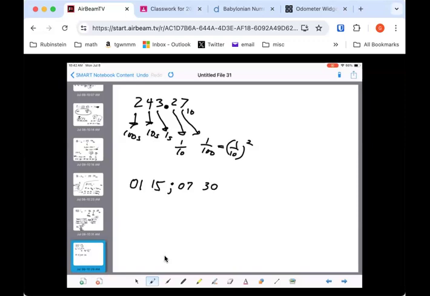So now I have 2 more numbers after the semicolon. In base 60, this is still the 60s place, and this is the ones place.